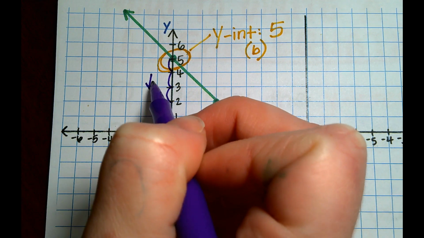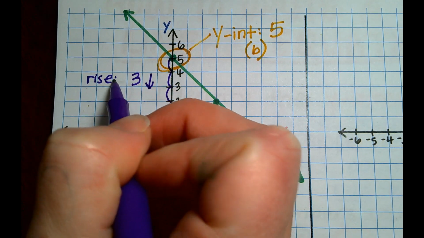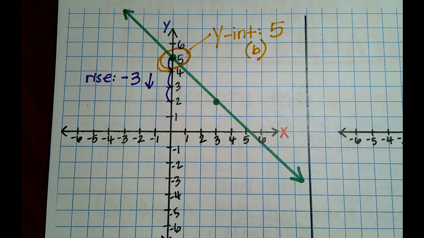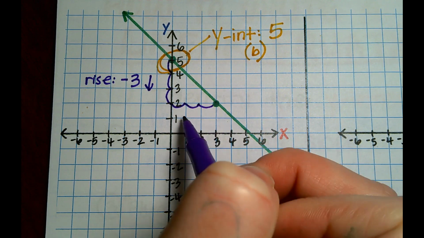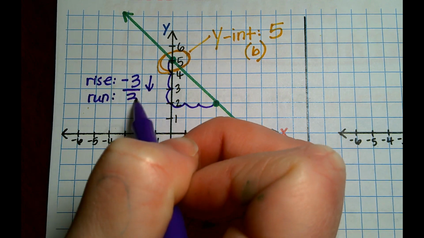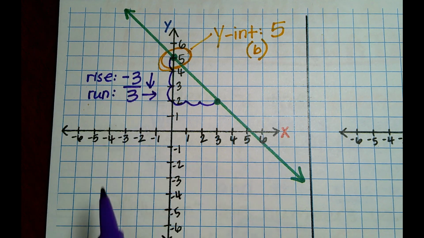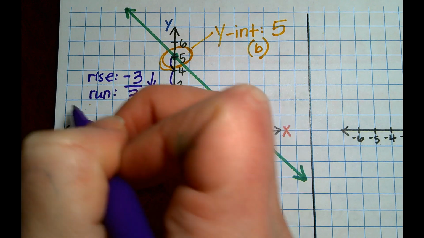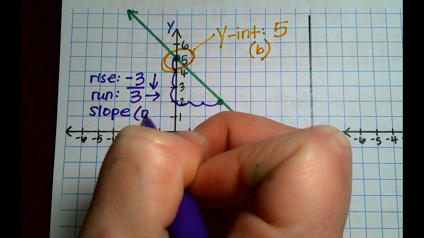So what is my rise? -3. And my run, 1, 2, 3 again. So my run is +3 to the right. And that's my slope, or my m.